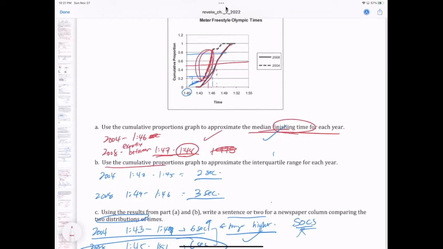If a vast majority of the data happens quickly in the first half, this means that the 2004 data has to be skewed to the right, because a lot of data is on the left at the beginning in comparison to the rest of them. Whereas for 2008, it's a little bit more balanced out.